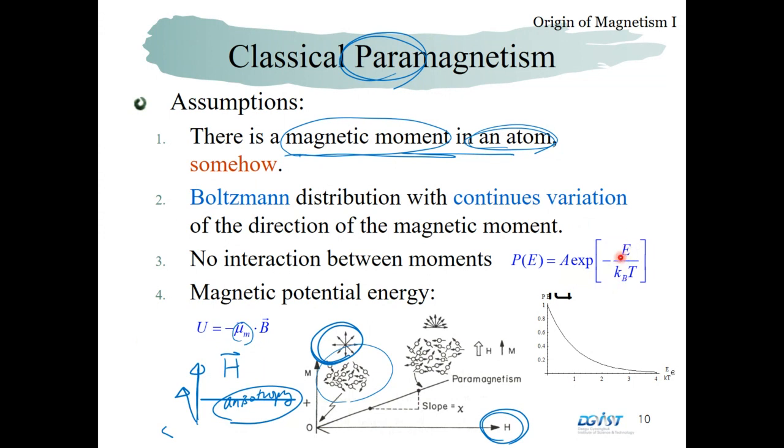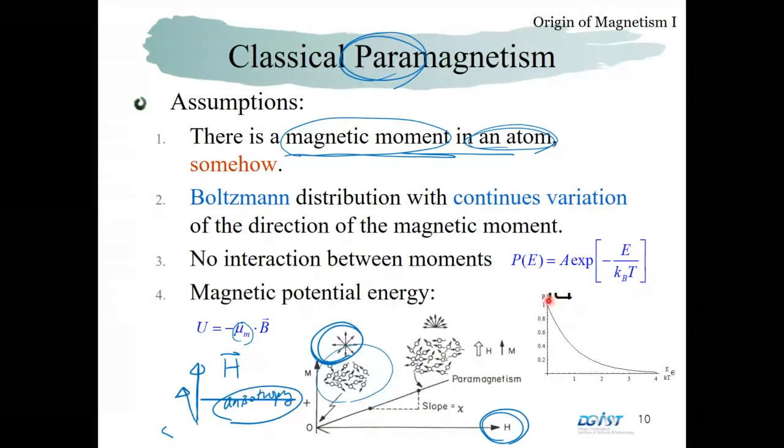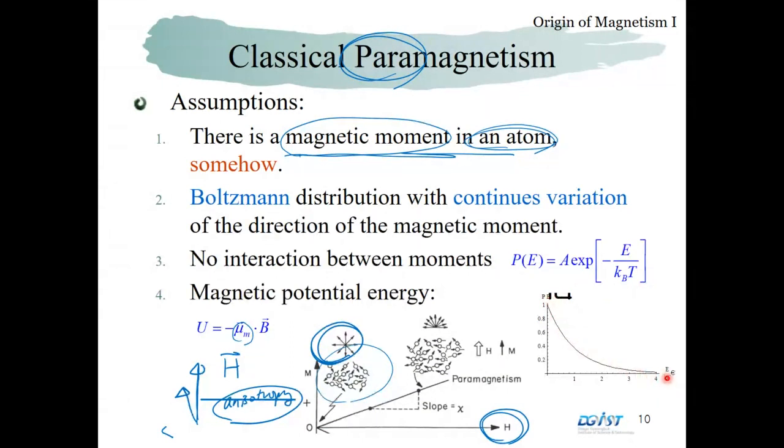And this energy E means the potential energy. This is the probability function of the Boltzmann equation. As you see here, if we have a low energy, there is a large probability, but still we have a finite probability for the high energy portion. So if we assume there's no interaction between the moments, the direction of the magnetic moment of the atom should follow this Boltzmann distribution.